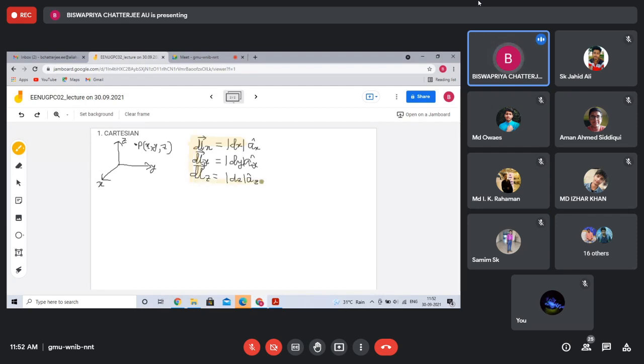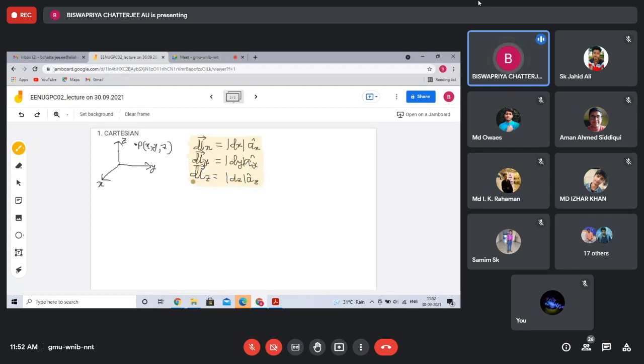All the line elements are vectors because they must have some direction, either in the forward direction or in the backward direction.